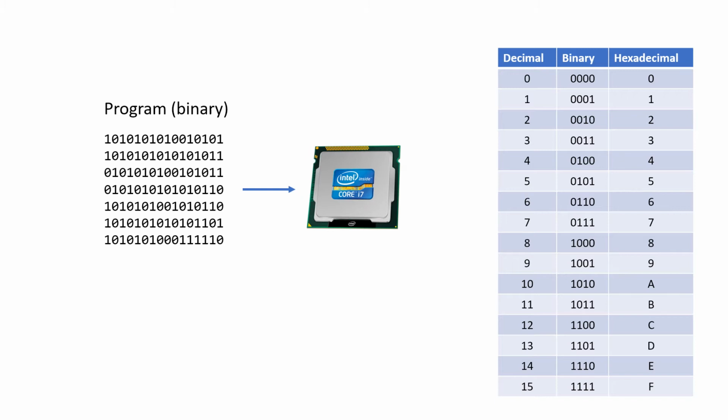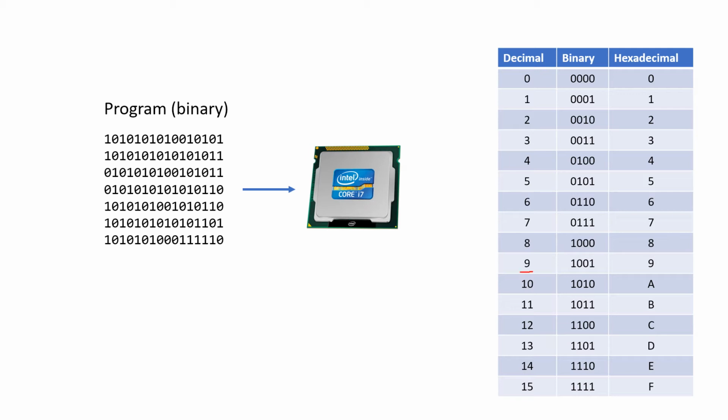Actually, we use something called hexadecimal notation, and hexa means 16. You can see in this table that the hexadecimal digit corresponds to 4 bits. On the left, we see the decimal notation, which is what we learn in school.